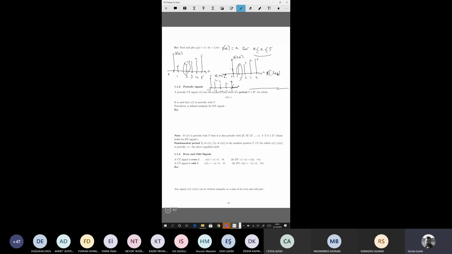Now I will do time scaling. So I will get only the even samples. So x of 2n means the value here at minus 4 now will be at minus 2. So it will be 5 at minus 2.